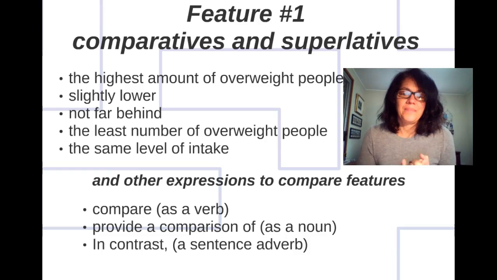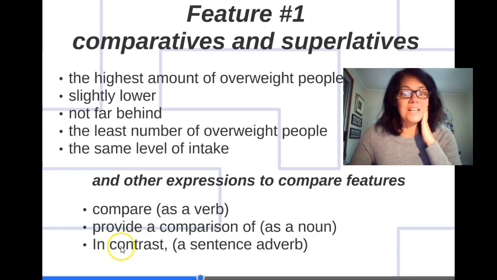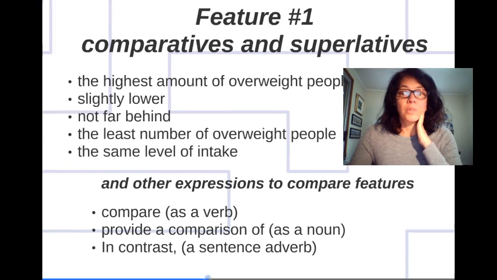Variety. And also we use other expressions to compare, like the word compare, provide a comparison of, or linking words like however or in contrast. So that's the first feature. What's the second one?